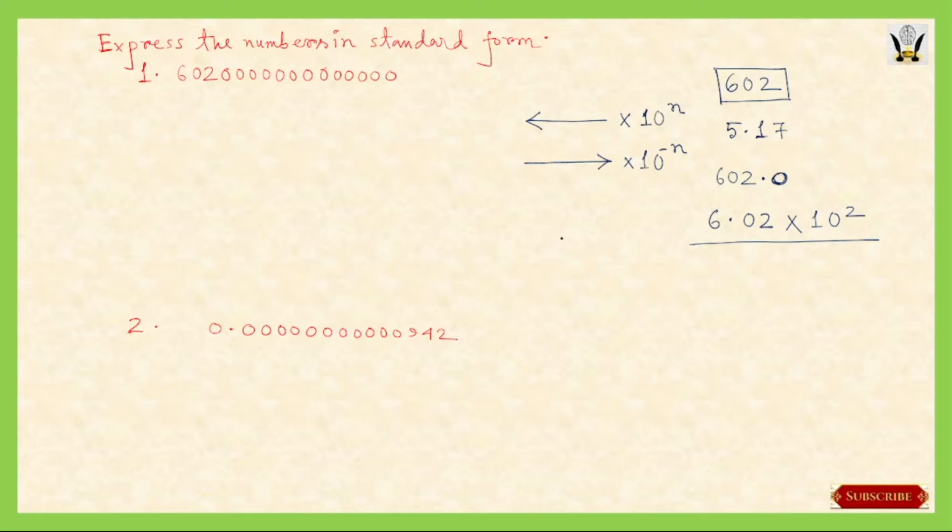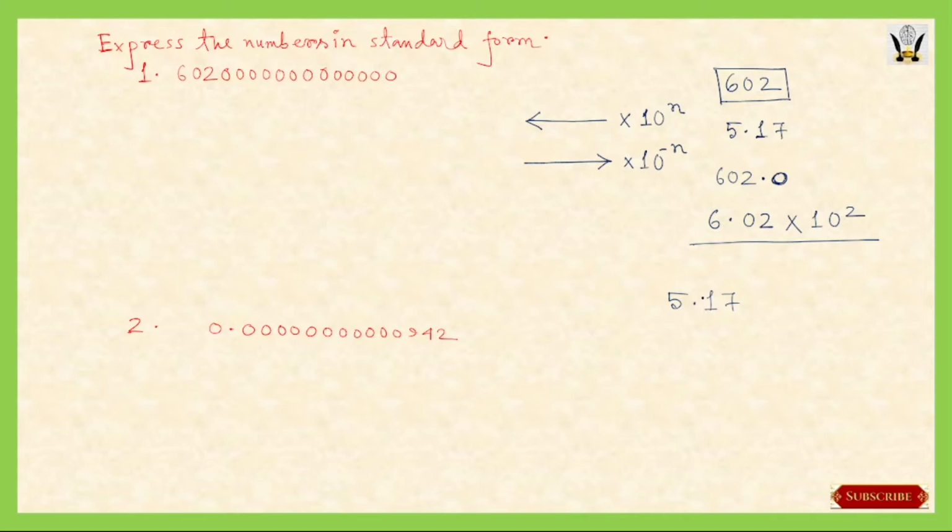Now suppose we have another example, the second example that we took, 5.17. Now what form is it? It is given in standard form. Now suppose we want to express this value in usual form. That means we will convert from standard form to usual form.